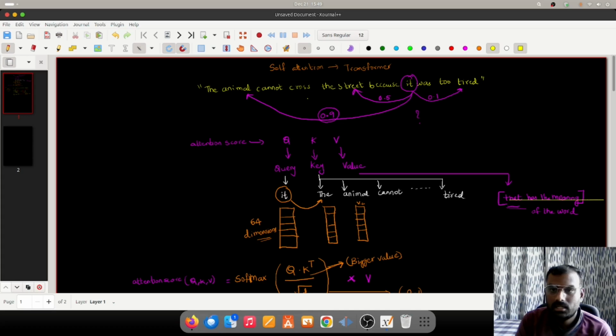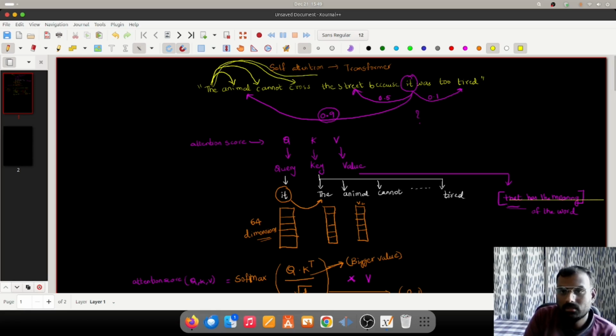Let's see the encoder and decoder in another video. The point of this video is self attention. So each word will be mapped to every other word, and a score is calculated for this mapping. Similarly, here it is also mapped to all other words. For every mapping we are going to calculate the attention score.